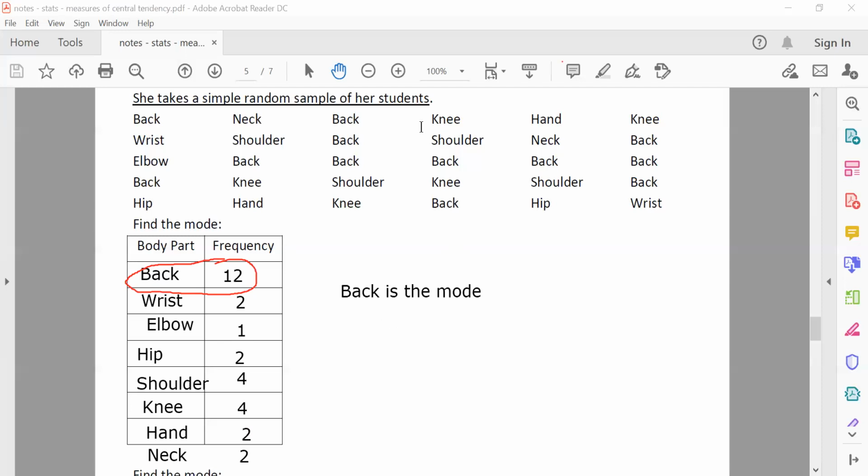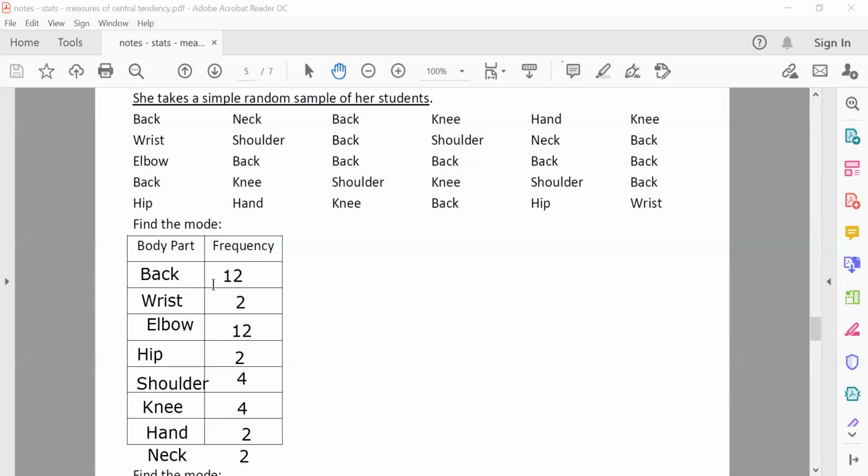Let's play with the data a little bit. So in that one, it was interesting. Let's play around with it. Let's say the elbow also had 12. And so, you know, this is no longer perfectly reflective of the data above. Let's say there were 12 people who had elbow issues and 12 people who had back issues.